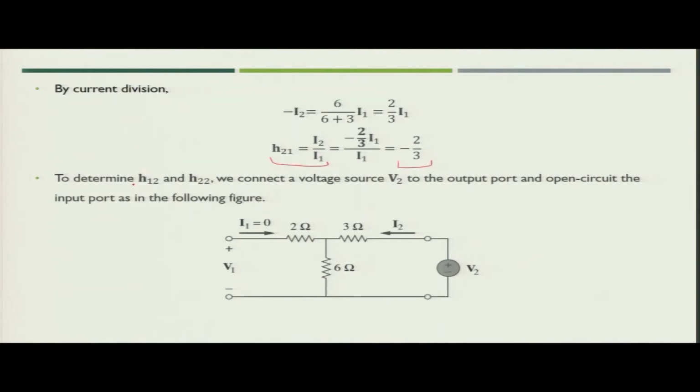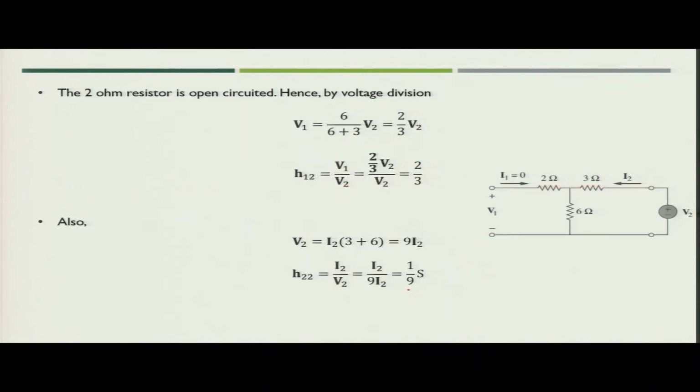Next, we need to find the values of H12 and H22. In this case, we will connect a voltage source V2 to the output port and keep the input port open circuit. So I1 will become 0, and we apply V2 to the output port. If you use voltage division at this point, you will see that V2 is applied across 3 ohm and 6 ohm.